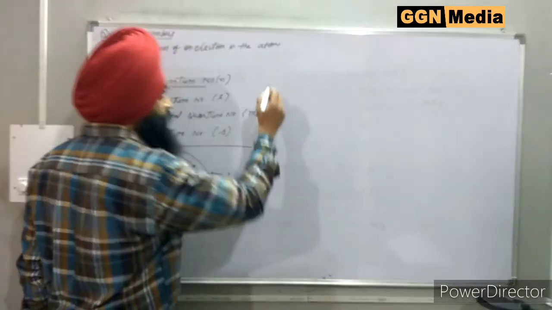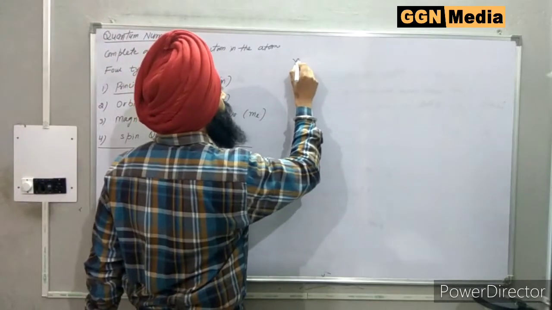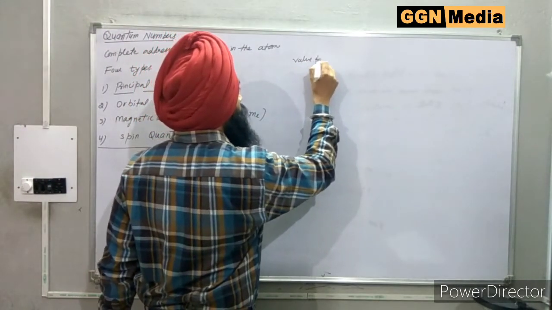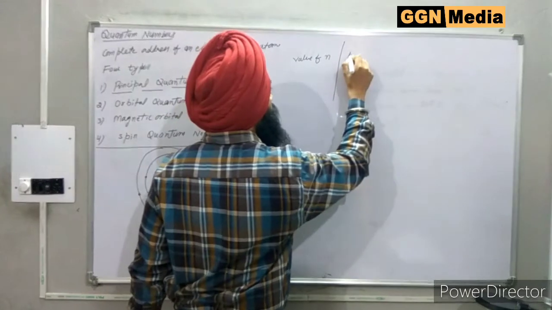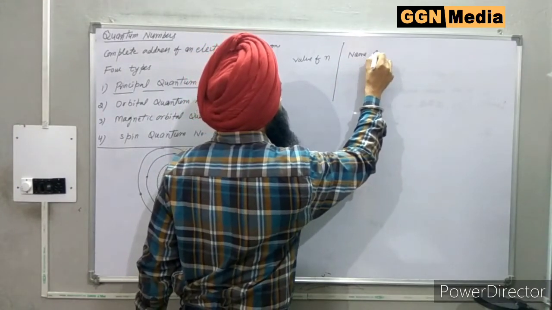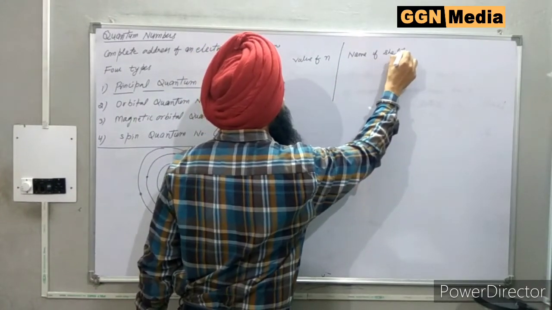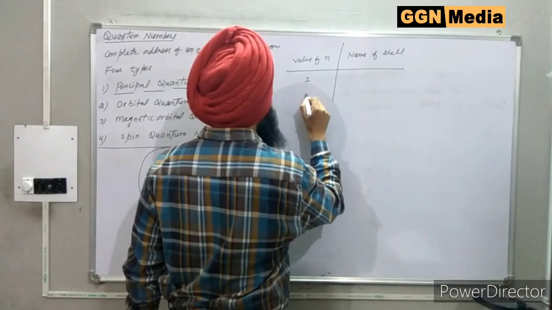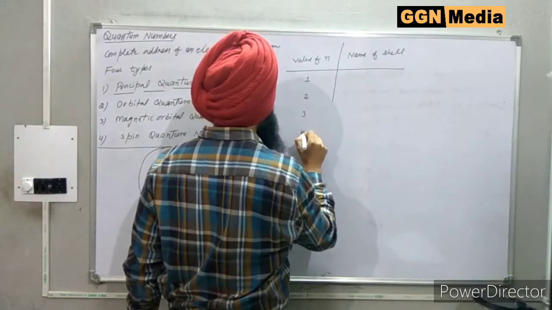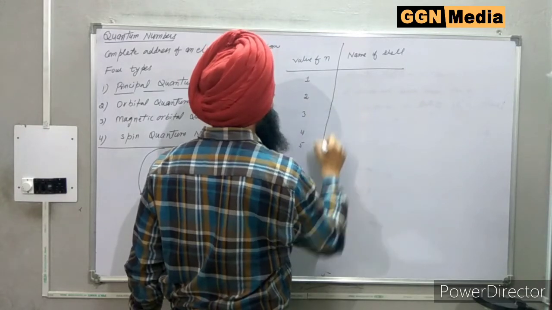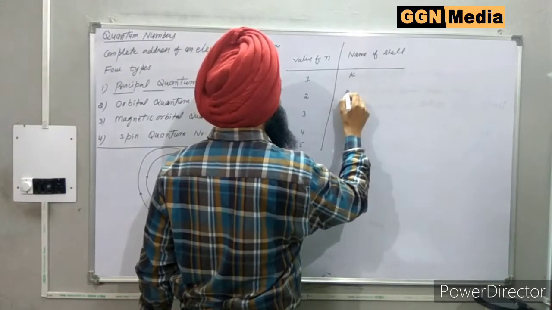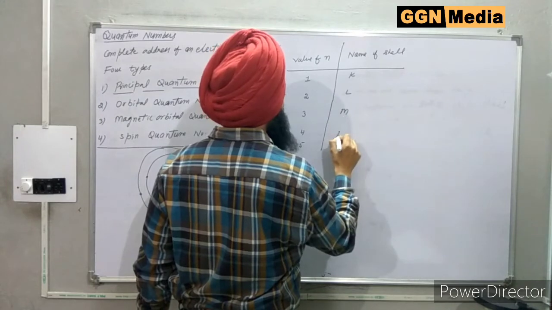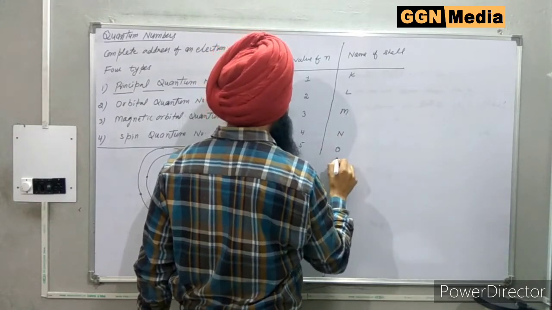So if I make a table here, value of n: 1, 2, 3, 4, 5; name of main shell: K, L, M, N, O, and so on.